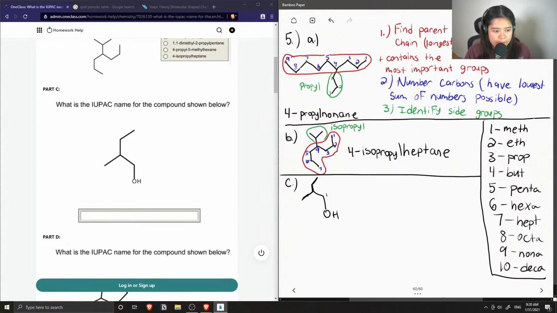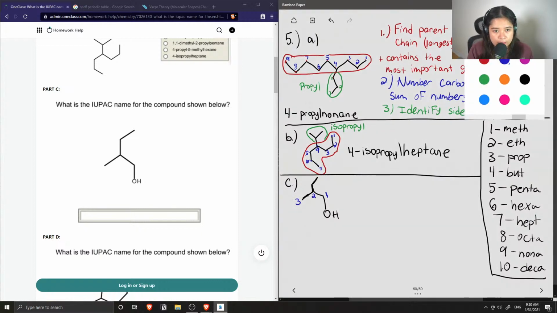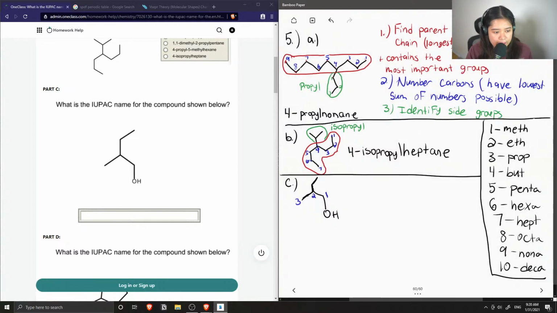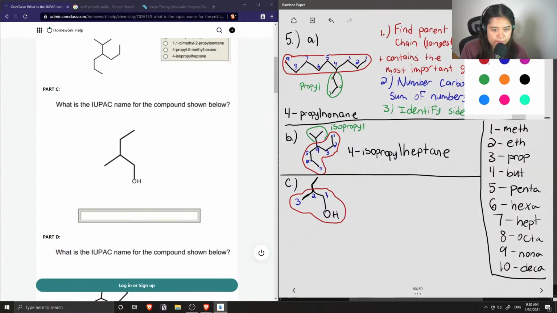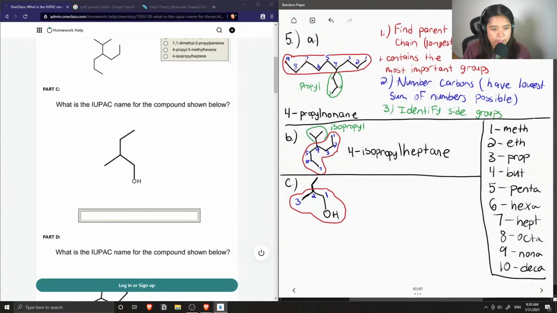So I'm just going to count going across 1, 2, 3. And I'll just circle our parent chain, which includes the alcohol group on carbon 1. And now if I identify the side groups, it's a 2 carbon long chain.